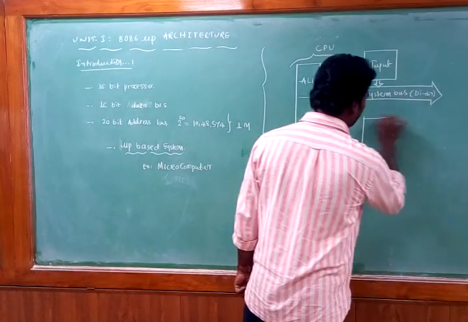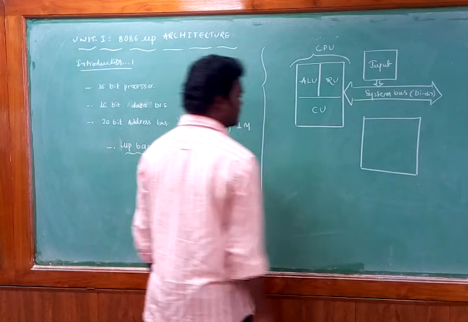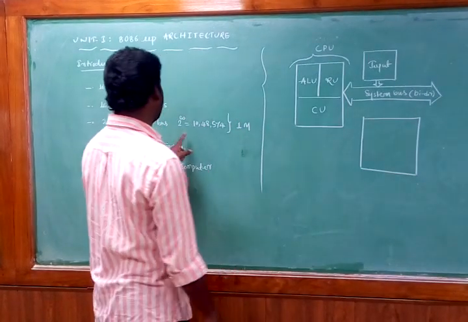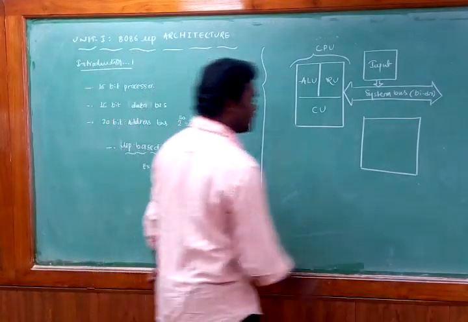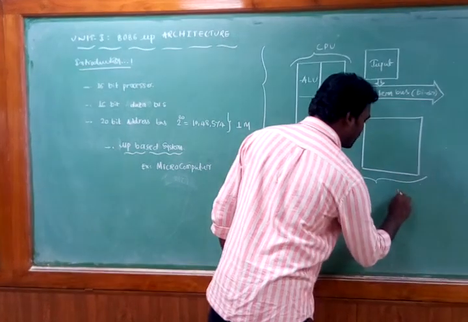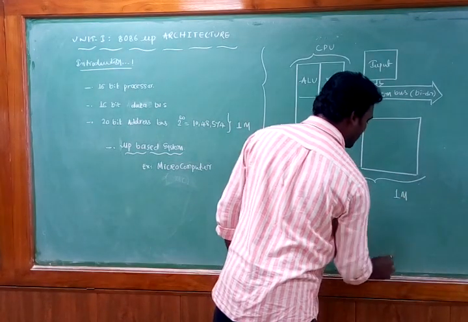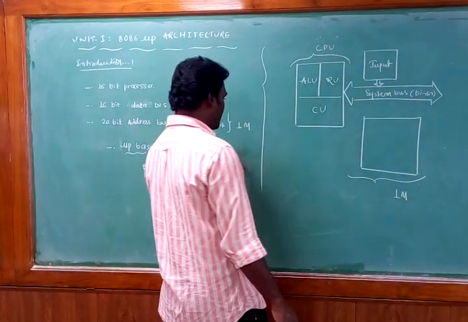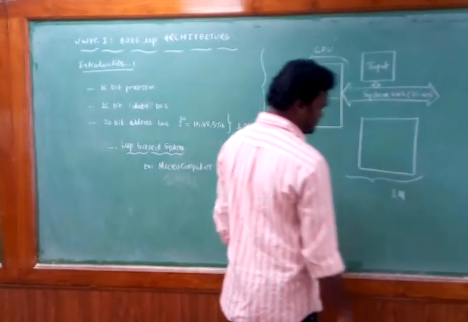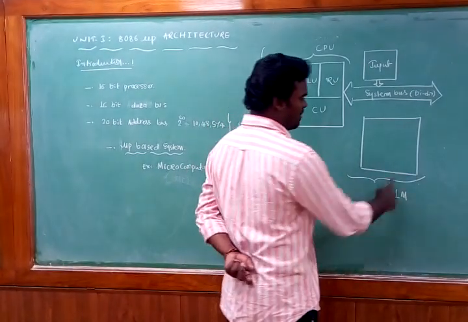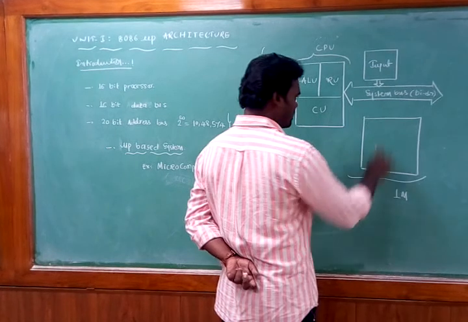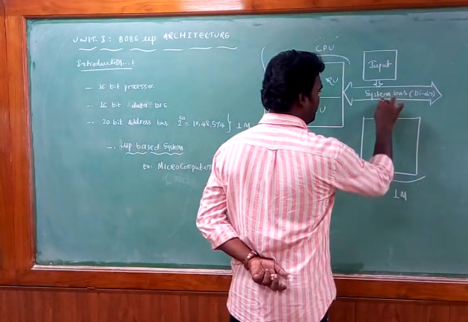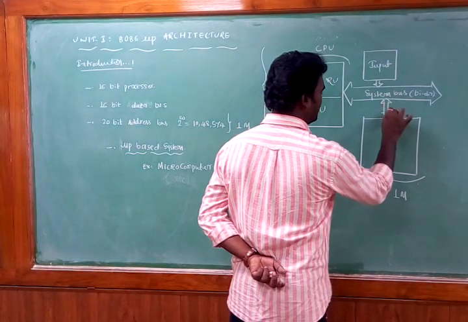Here we are having some external memory. As we discussed, the maximum accessible size of the 8086 microprocessor is about 1 megabyte, so that we can have this memory. This is external memory.